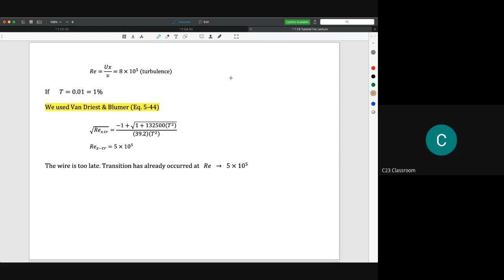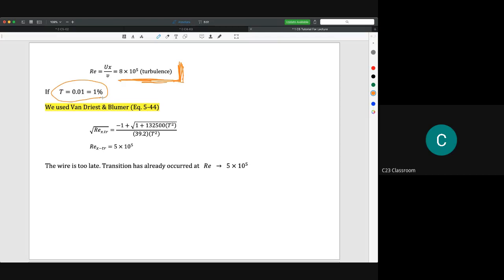I'm sorry, in this one we assume it is turbulent. I will change the question from previously, because I think it creates a conflict for this class. So let's say the turbulence level t is equal to 1%.